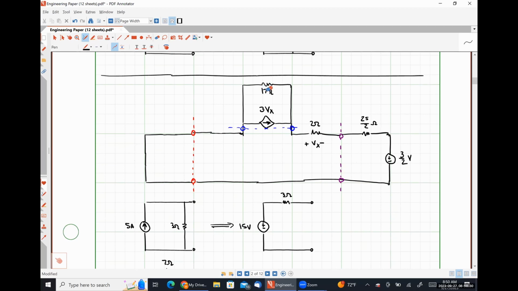So I'm going to disconnect this network and replace it with a 51 Vx voltage source in series with a 17 ohm resistor.